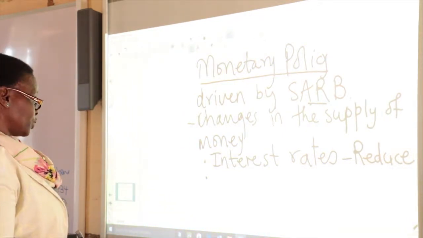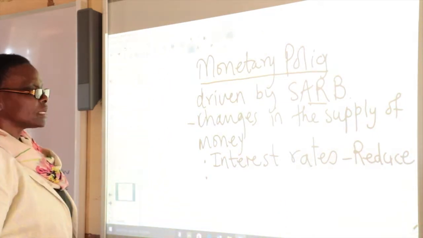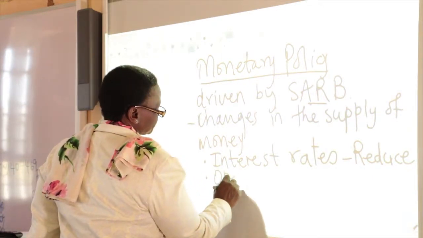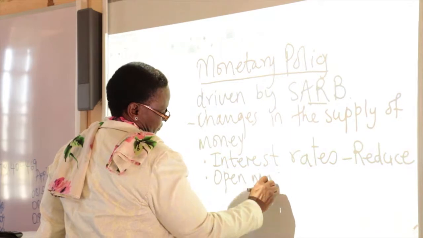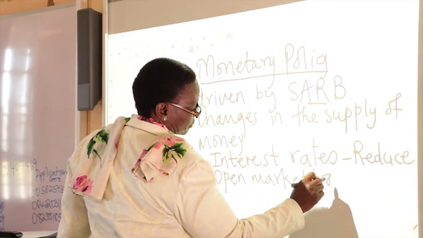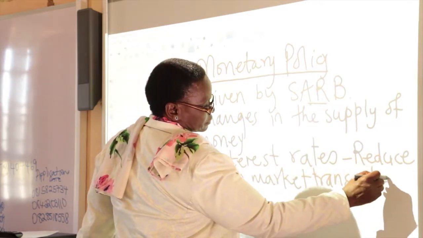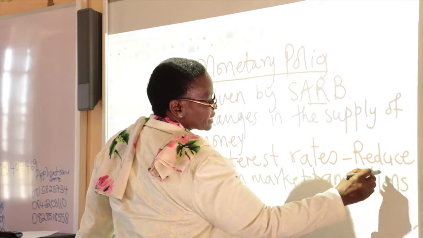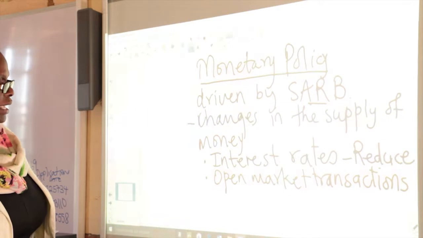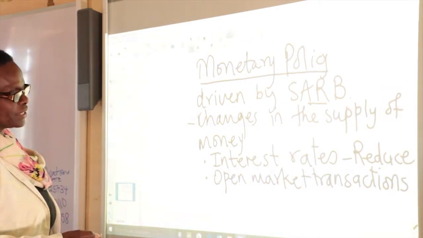measure that would be used by the South African Reserve Bank as a monetary policy instrument is open market transactions. Now, in this case, the South African Reserve Bank either buys or sells government securities, government bonds.